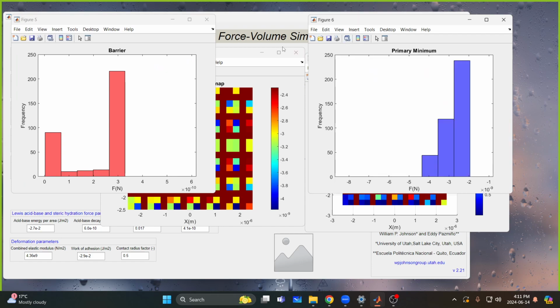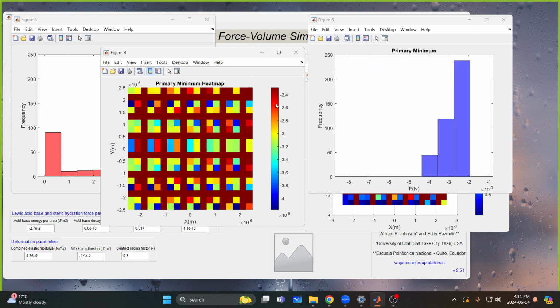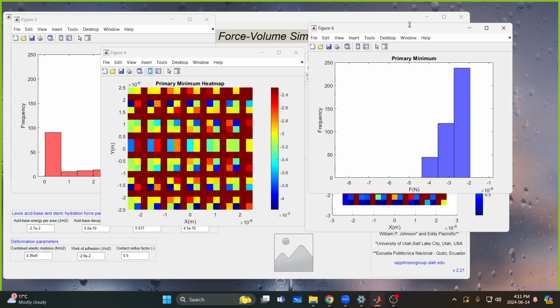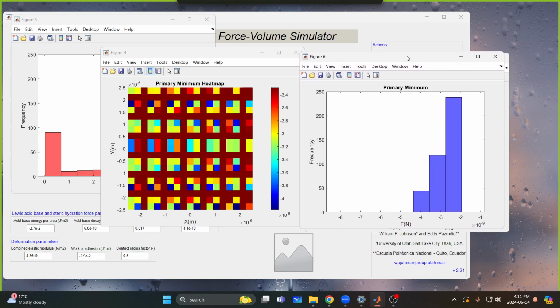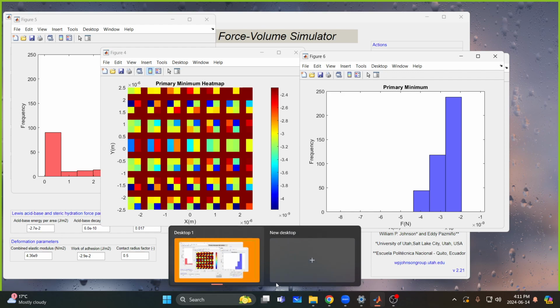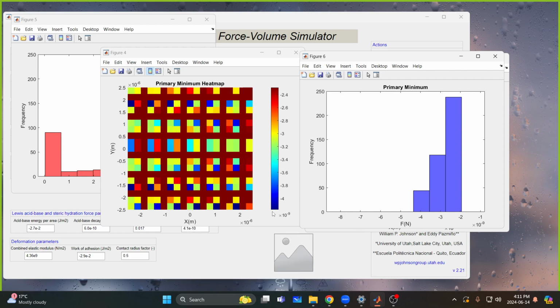I don't know if you want to add to that. Yeah, it's just showing you how the forces, which are all in newtons, by the way. I noticed some of our figures don't have the units, but they're all in newtons. And so for the primary minimum, you can see there's a distribution that skews towards nanonewtons on this particular figure.